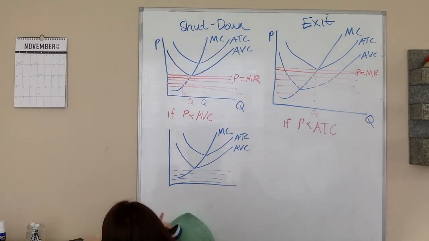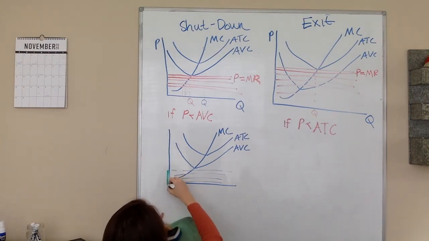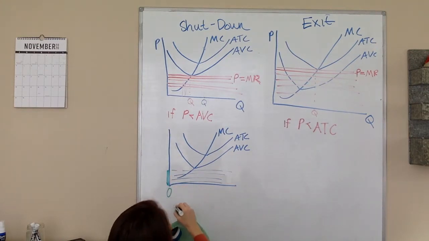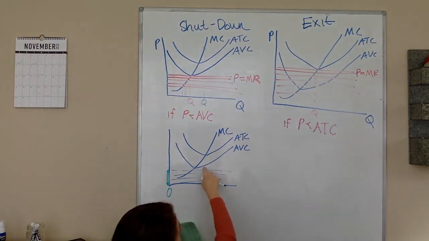What that means is if the price is anywhere from here up to here, the firm's not supplying anything, so they're making nothing. If the price is above the bottom of the average variable cost, then in the short run they'll stay in business.